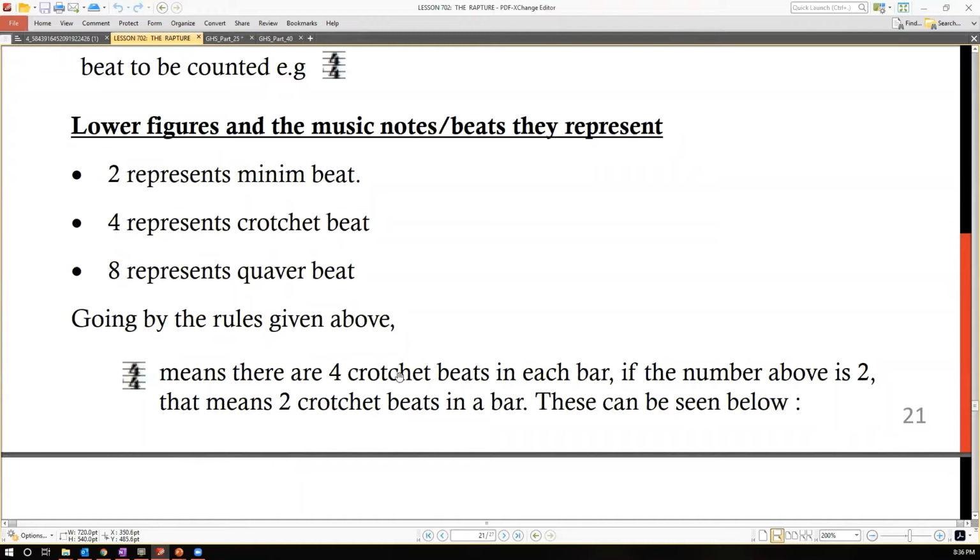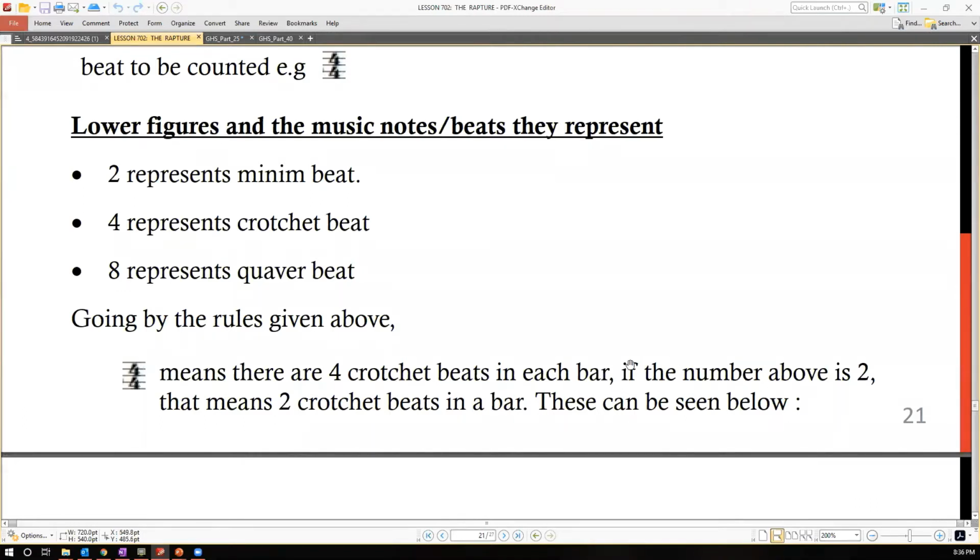The lower number tells us it's crotchet beats, and this 4 on top represents 4 beats in the bar. Which notes will depict that beat? Imagine a 1/4, which is a quarter note, so with 4 quarter notes in each bar.